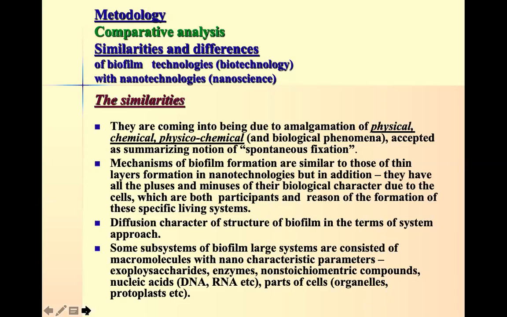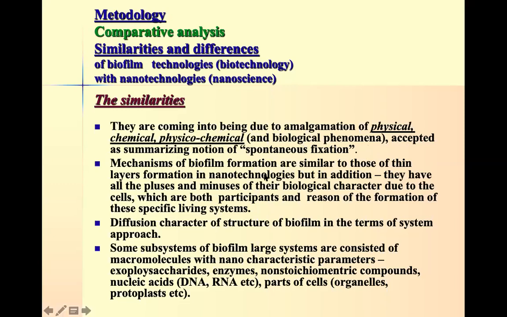Now the question is, what are the differences between biofilm technologies and nanotechnologies? The similarities, they are coming into being due to amalgamation of physical, chemical, and physicochemical properties. That means biological phenomena accepted as summarizing notion of spontaneous fixation.